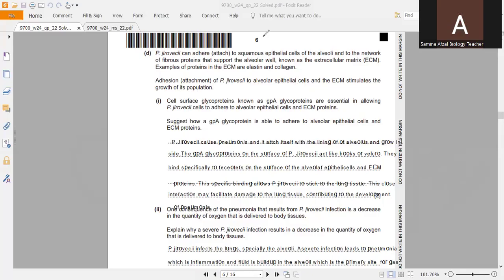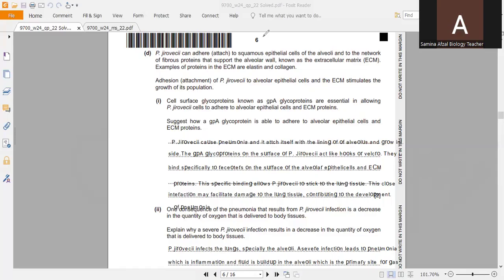So, first of all, I would like to discuss what happens here. P. gyrovici attaches to the cells in the lungs, which is a crucial step in the development of pneumonia.